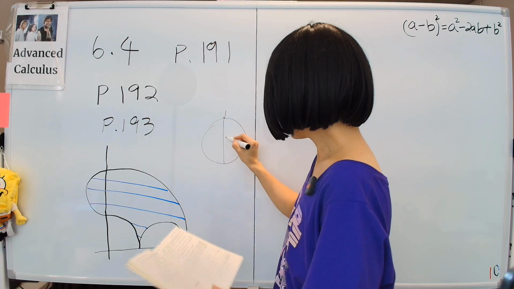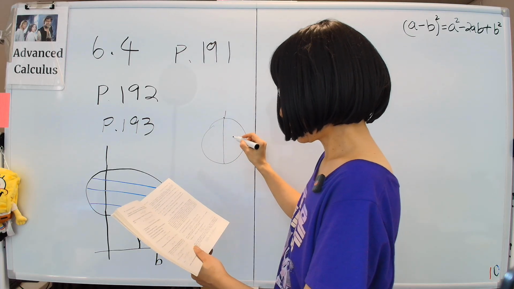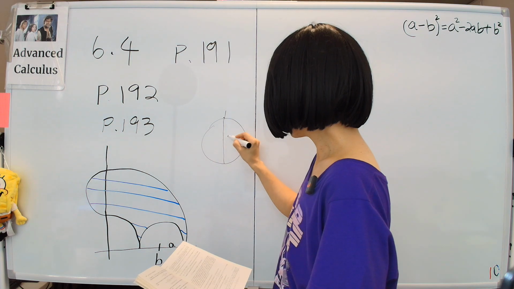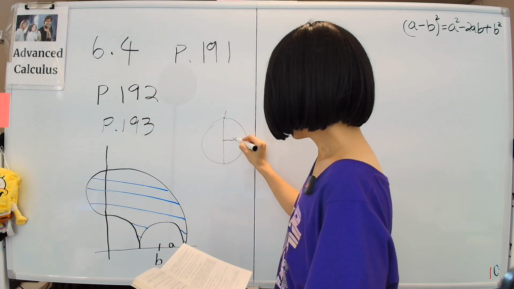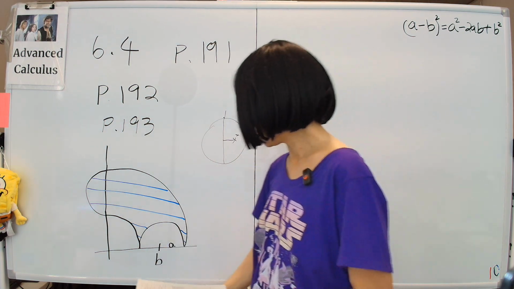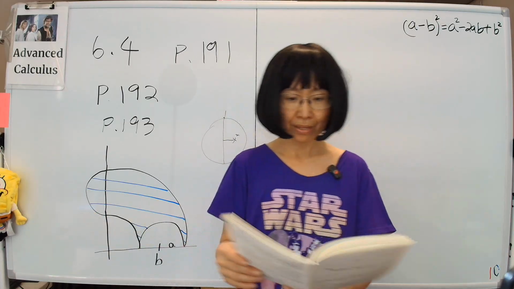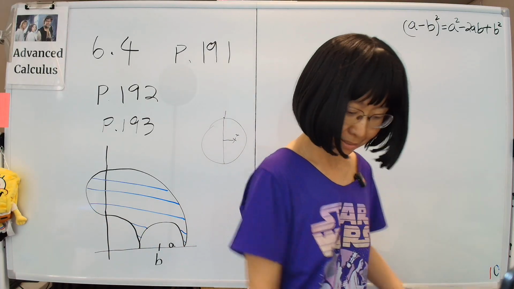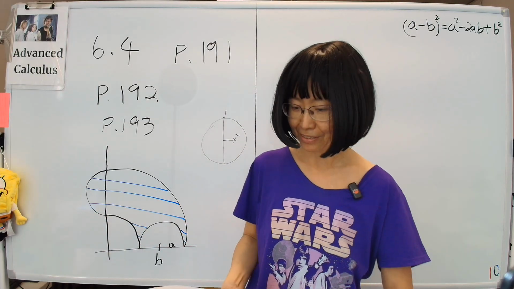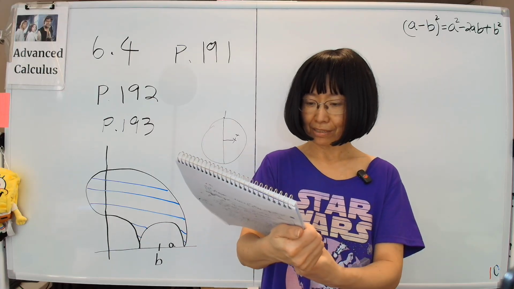As a result, we will say the density is x squared. See, here's x squared. So the density is proportional to x squared. All right, so knowing that, that doesn't really change much of anything for us. So then we are just going to do that.